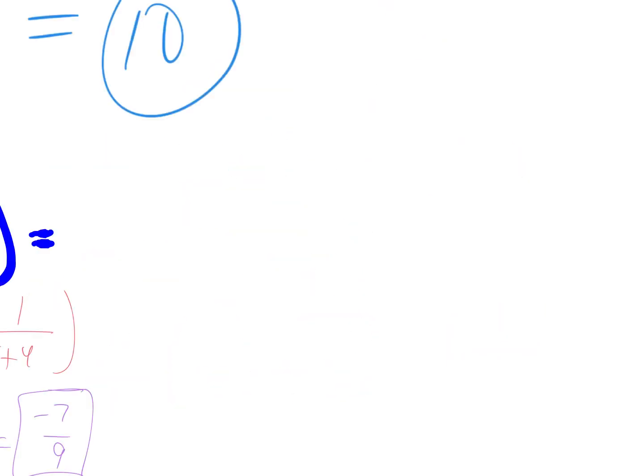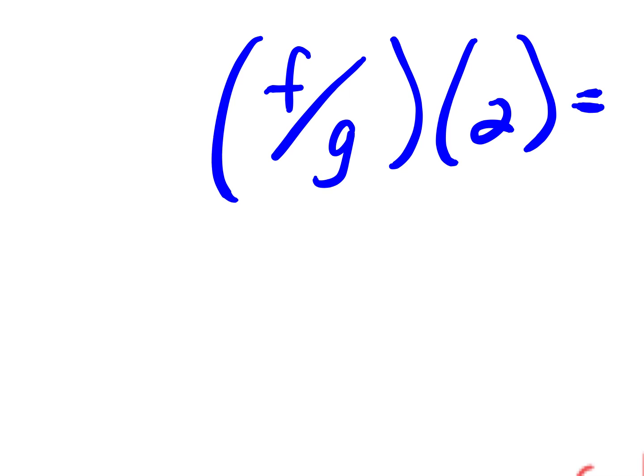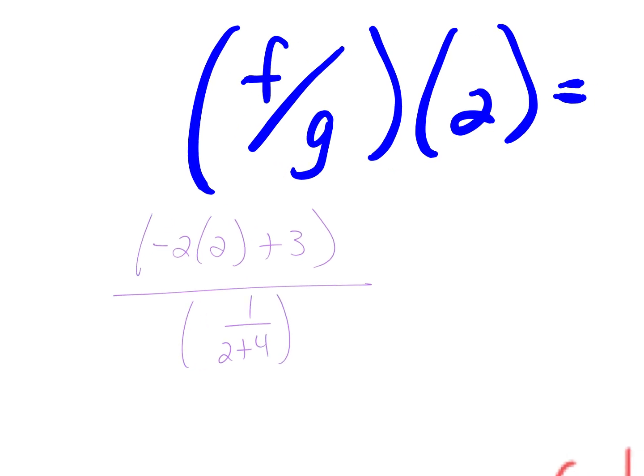All right, and my last one. F divided by g, and I'm plugging in 2. So I have negative 2 times 2 plus 3 divided by 1 over 2 plus 4, right? Okay, simplify your numerator first. What's negative 2 times 2?